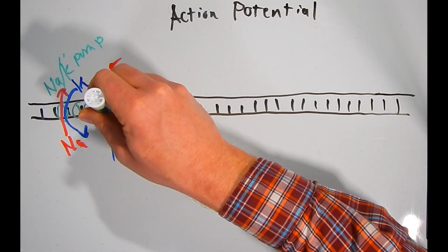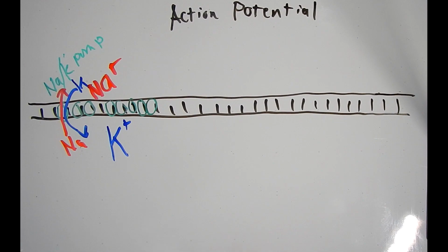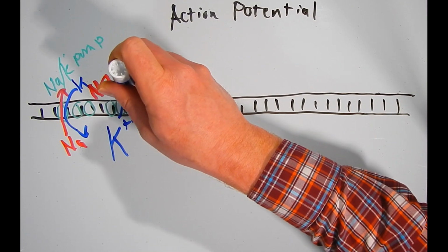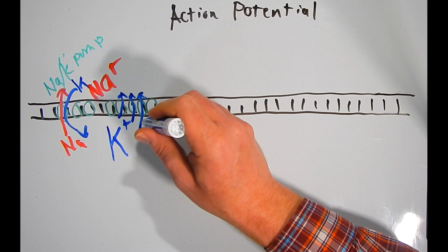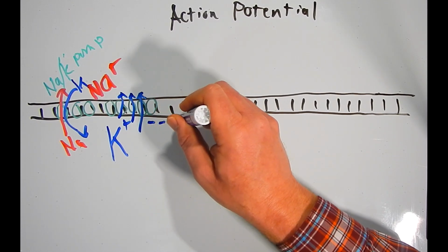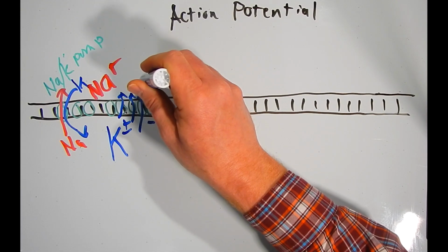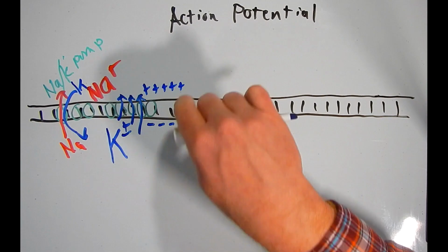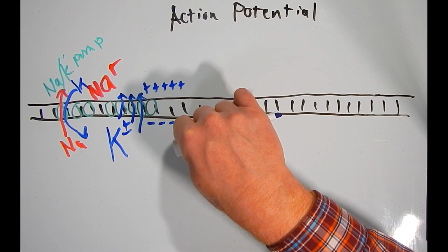Now, we also have leak channels. Those additional leak channels will allow potassium to move across its gradient. As they do so, they will leave negatively charged ions behind and take their positive charge with them. As a result, you have a positive charge on the outside and a minus charge on the inside.